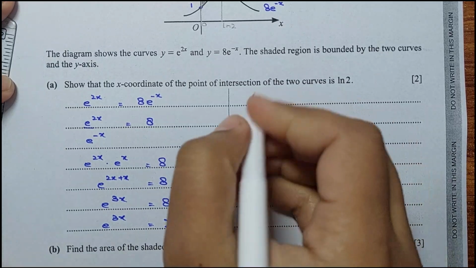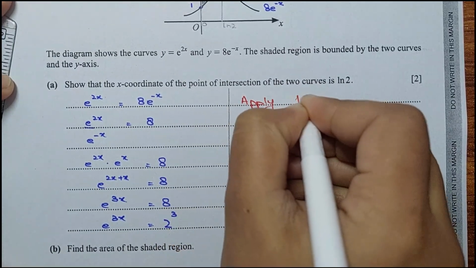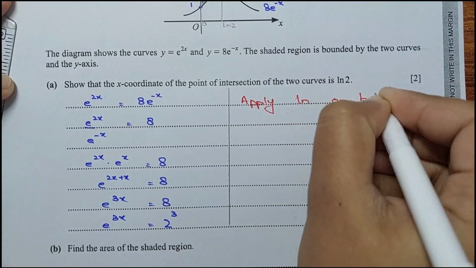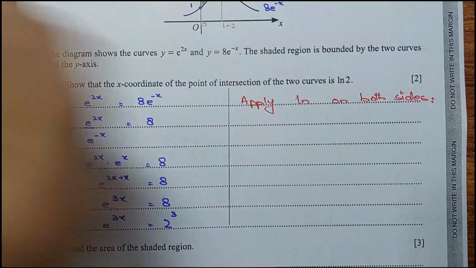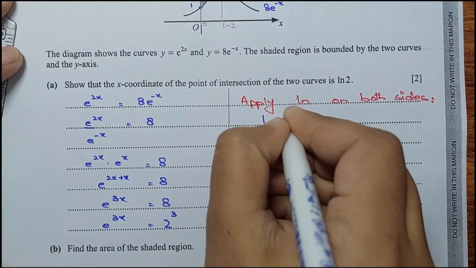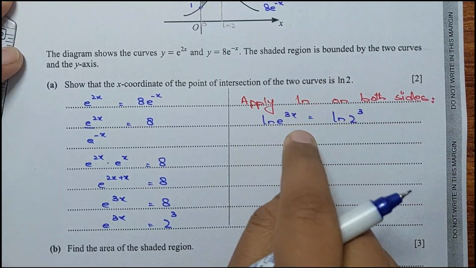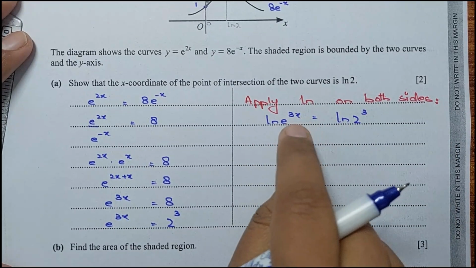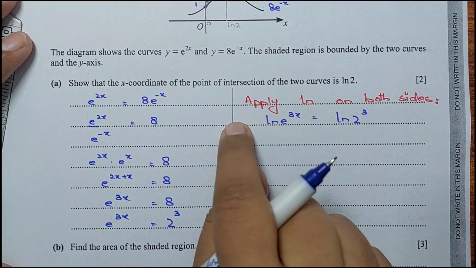Now we apply natural log on both sides. When we apply the natural log, ln e power 3x equals ln 2 power 3. Whenever we have a natural log or log, its property is that we first shift the power before the log.